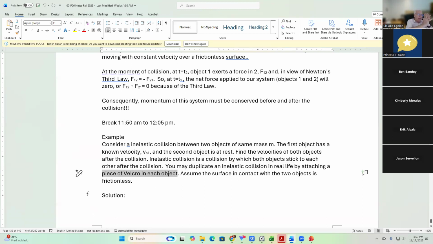When they collide, the Velcro is going to keep them stuck to each other. Assume that the two objects are moving over a frictionless surface.